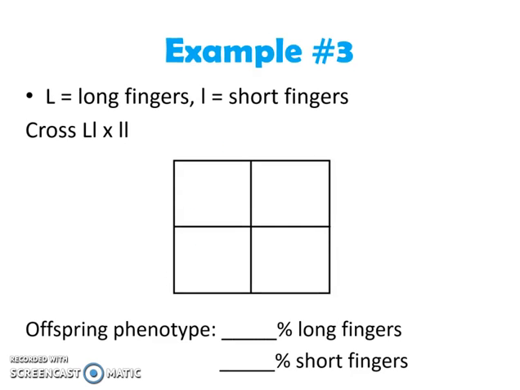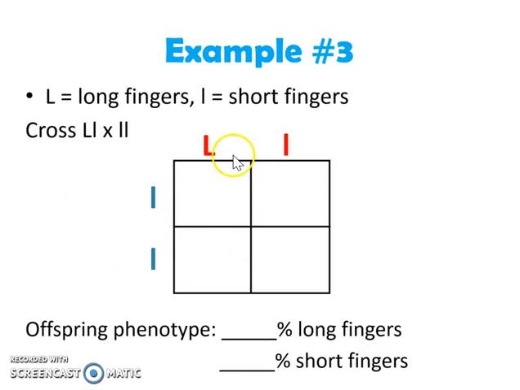All right, last example. Big L represents long fingers. Little l represents short fingers. So we're going to cross big L, little l. That can be Dad. And then little l, that could be Mom. It really doesn't matter. So this parent has this genotype for fingers, and then this parent has little l for their genotype.